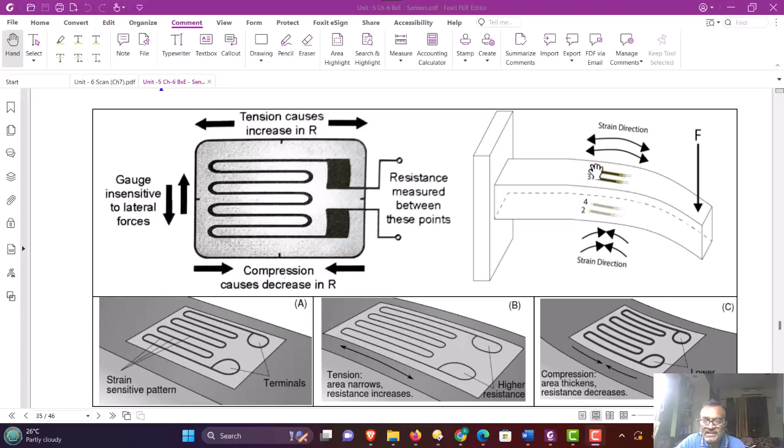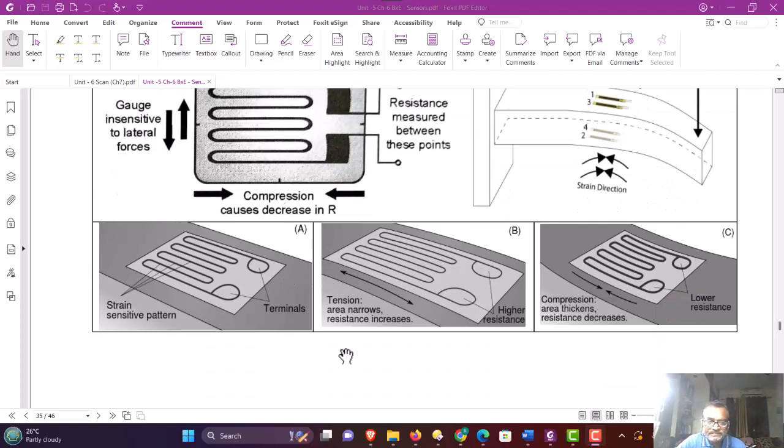The upper strain gauges 1 and 3 gauge the tensile stress, whereas the strain gauges 2 and 4 gauge the compressive stress. So the resistance of 1 and 3 is proportionately increased with the pressure, and the resistance of 2 and 4 strain gauges will be proportionately decreased with the applied pressure.